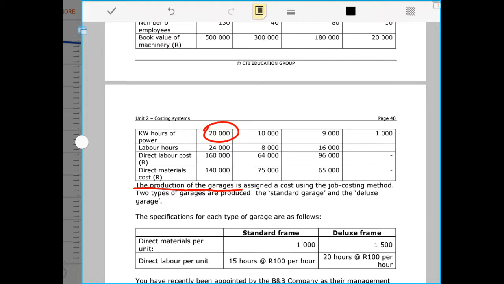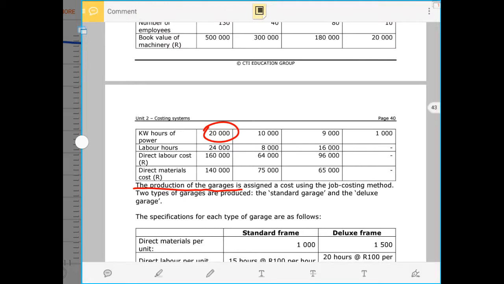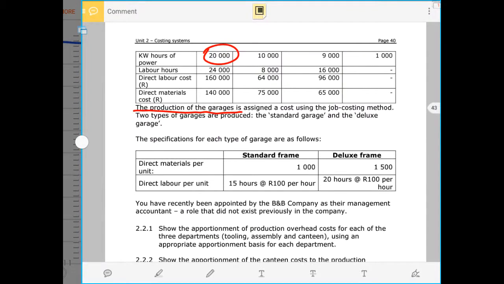Two types of garages are produced: the standard garage and the Gulex garage. So these are the two garages that are produced by this business, the B&B Company. We are given the information for these two garages, the standard frame and Gulex frame.